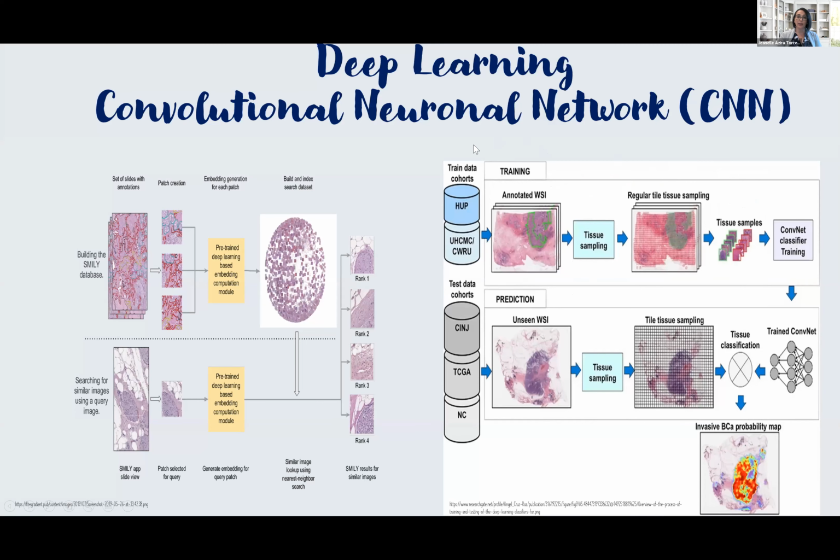So the deep learning, as I mentioned, uses a hierarchical way to classify the tissue. So it's very important that you take the time to determine what are the ranks of your different types of annotations or regions of interest.